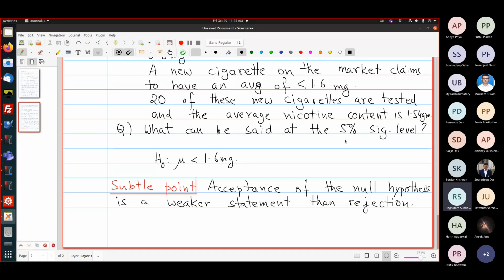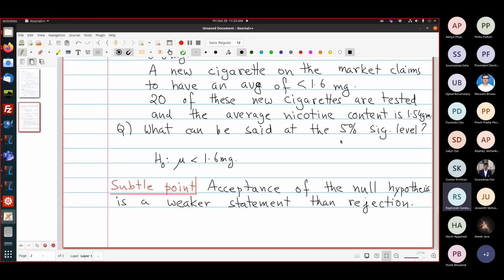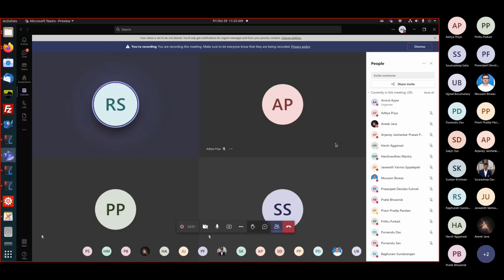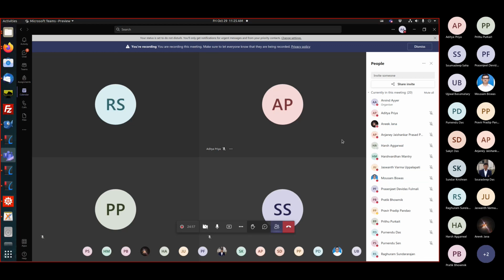Isn't our basis for alpha slightly different? Alpha is, if the null hypothesis is correct, the probability that we reject it, right? Yes. Not the probability that the null hypothesis is correct given that we've rejected it. Sorry, what? So what you are saying is we could change this 5% to something stronger, right?